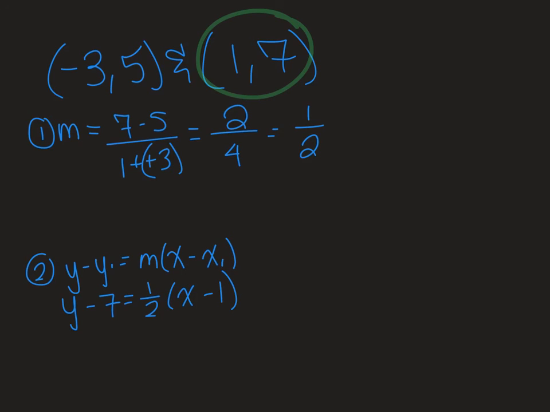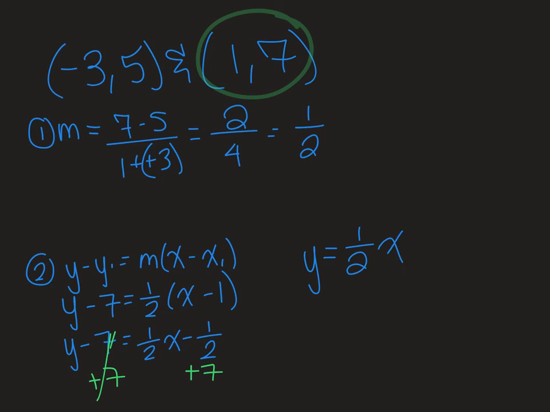Of course, you've got to do that distributive property first. So y minus 7 equals 1/2 x minus 1/2. And then we're going to finish with addition. So add 7, and that's going to leave you with y equals 1/2 x, and then you can do it in your calculator, if you would rather do that since you have a fraction.